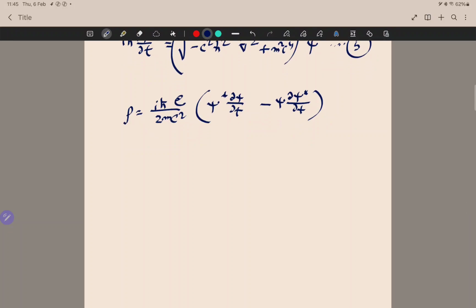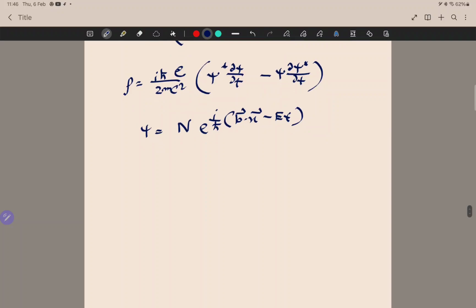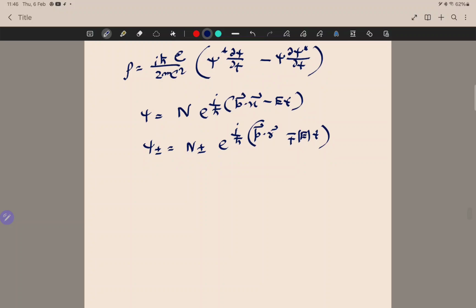This would be a charge density, which can be positive, negative or 0. Then the solution can be written as N e to the power i by h bar, p dot x minus Et. Writing this for positive and negative energy, we have psi plus minus equal to N plus minus e to the power i by h bar, p dot x minus plus mod E t.